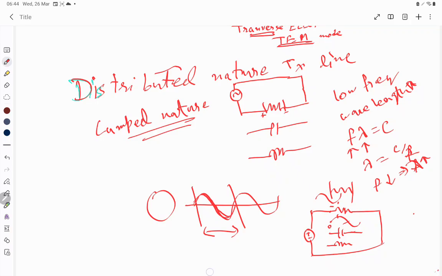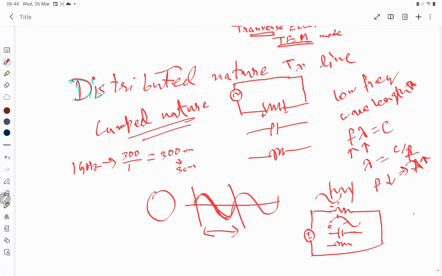Say you have a 1 gigahertz signal, just for an example. Your wavelength is around 300 millimeter, that is about 30 centimeter.